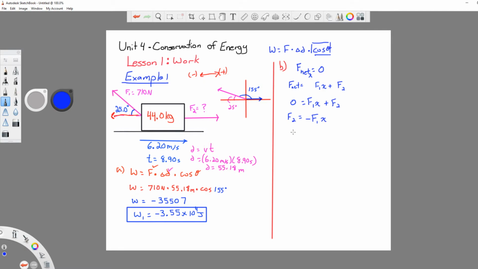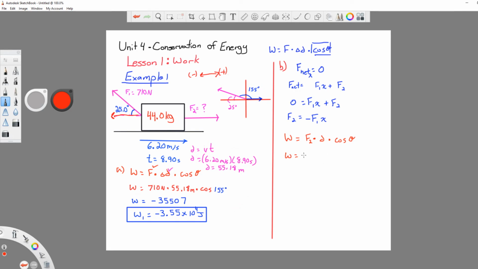Okay, well, let me change my color up to do work. If work is equal to force times distance times cos theta, and if force 2 is equal to the same force as F1x, really it's going to be this 710 times this cos 155, right?